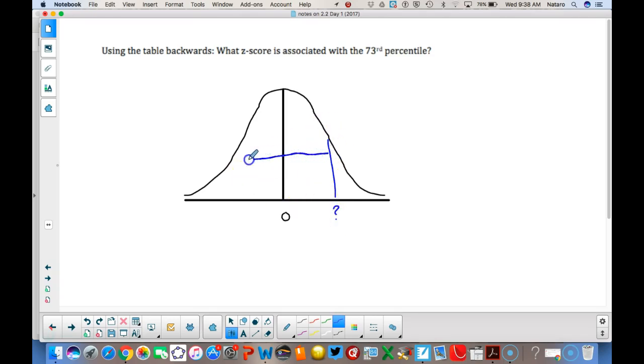So we know the area to the left of the z-score should be about 73%. So now we're going to use the table backwards. Instead of looking up a z-score on the column and the row and finding the area within the table, we're going to look within the body of the table for this value of 0.73.